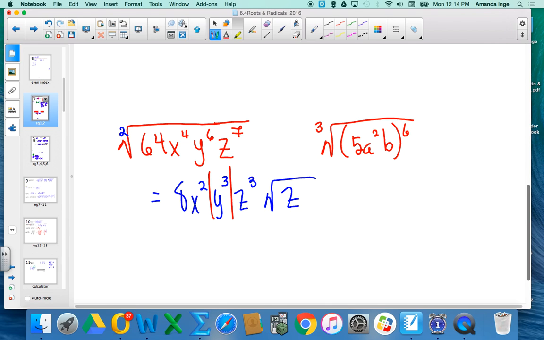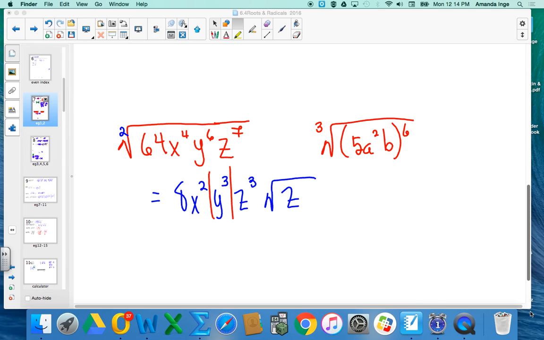And the next one's even, odd, so we don't care. In simplest form, the answer to this is 8x squared, the absolute value of y cubed, z cubed, the square root of z. How'd y'all do? Wait, isn't it even? Oh, never mind. I'm mistaken then. I didn't think about this 7 being odd.